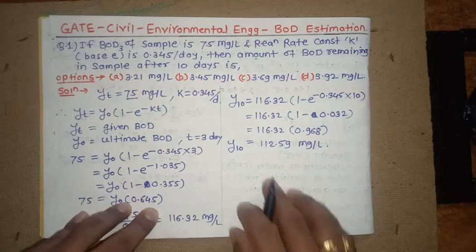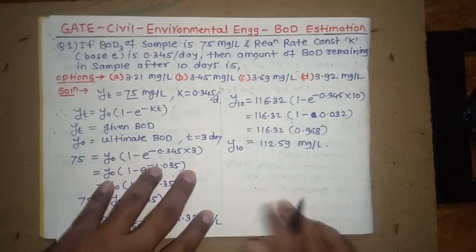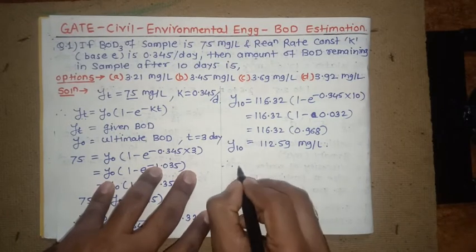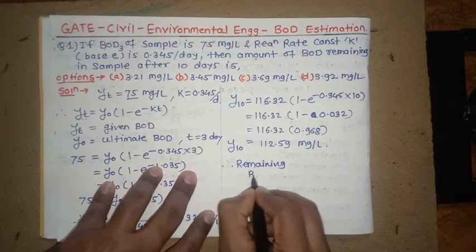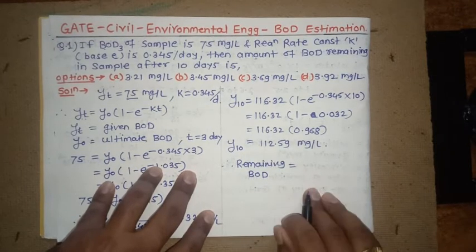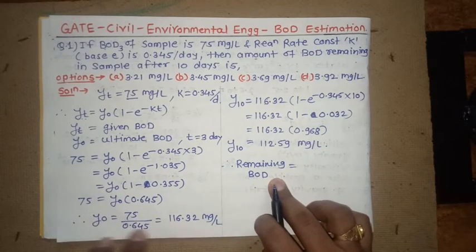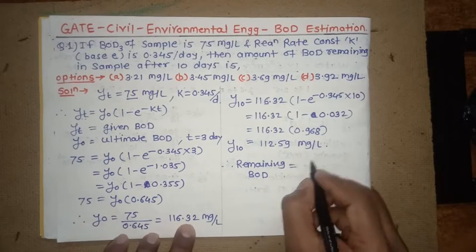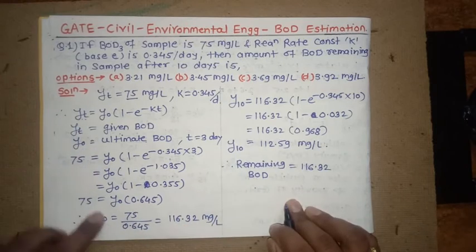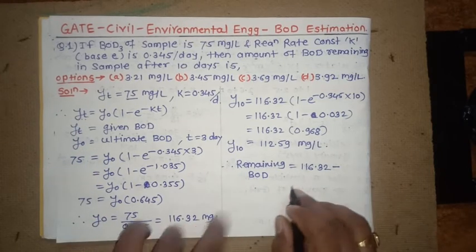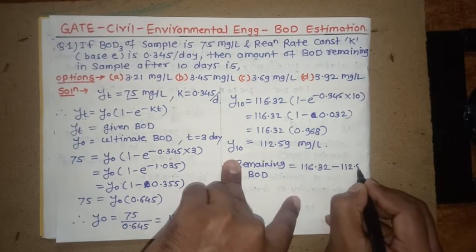But we have to calculate what is the BOD remaining after 10 days. So by using the relation, remaining BOD is equal to, now how to find the remaining BOD? It is nothing but the BOD at this level, that is 116.32, minus the BOD at the 10 days level, 112.59.